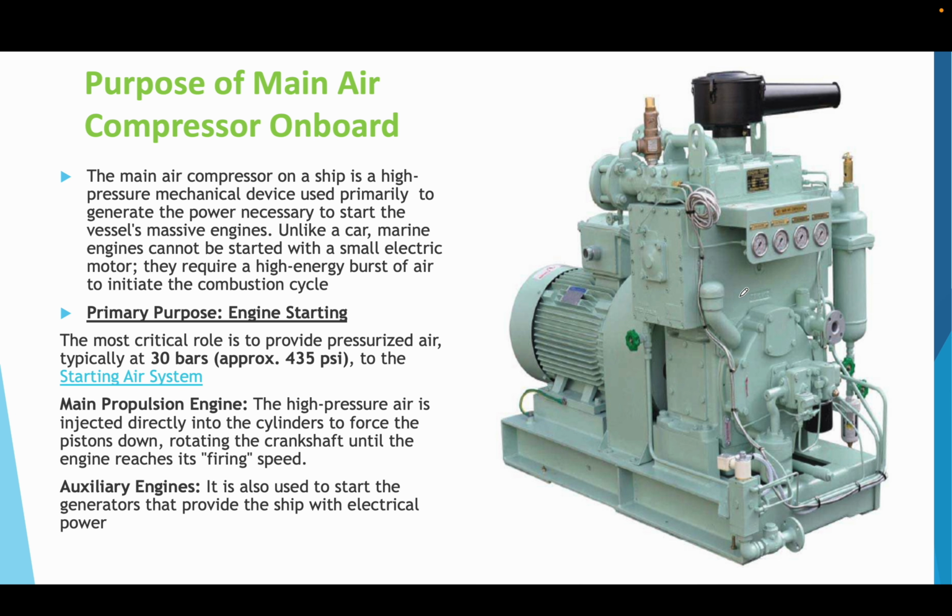The main reason for needing this main air compressor is the main propulsion engine, that is the IC engine. The internal combustion engine needs to be rotated at a certain speed, also known as cranking speed or firing speed, at which it will achieve a sufficient speed for reaching the auto combustion temperature.